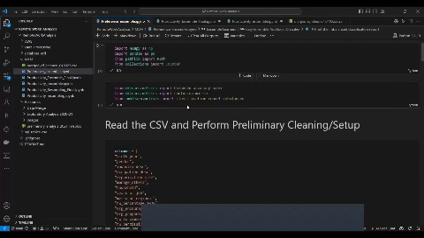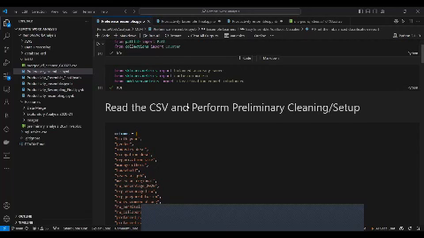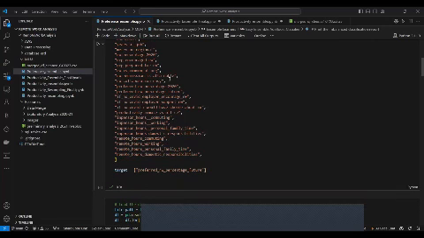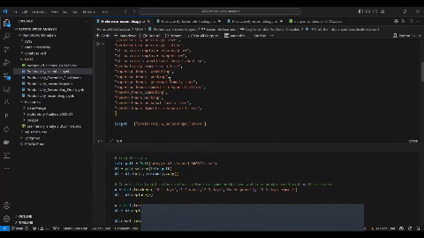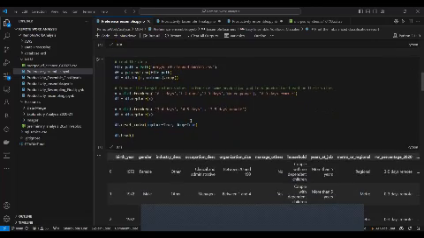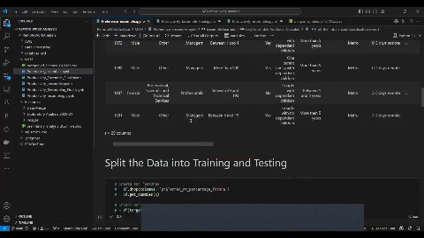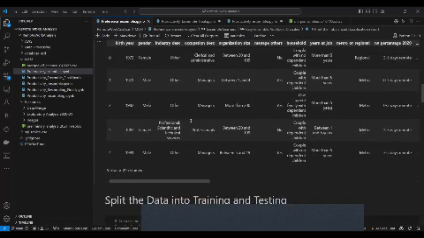So first we have imported some libraries for our machine learning model. Then we have defined all the columns for our data set. Then we are loading our data set into our data frame called DF. Then we are doing the exploratory analysis on our data set.